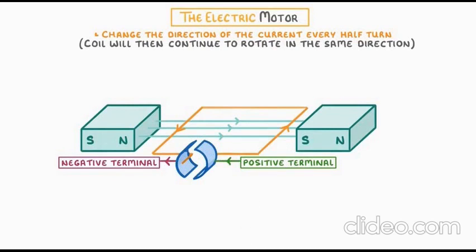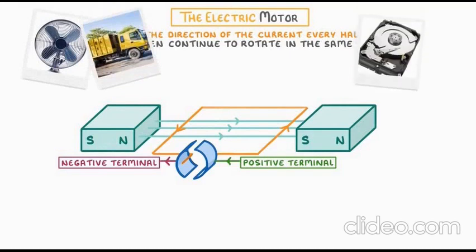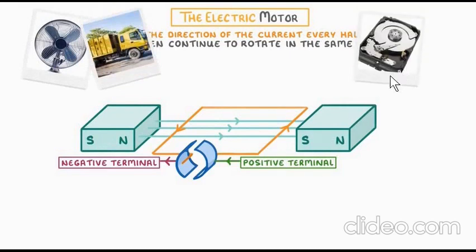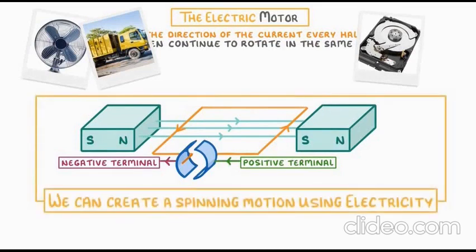So this electric motor, we really use it in many devices like a fan or an automobile, the car, in our computer in a CD drive or a hard disk drive, to read it. So you can see over here that with the two things, electricity and magnetism, we created a spinning motion, and this motion is really important in every device we use in our daily life.